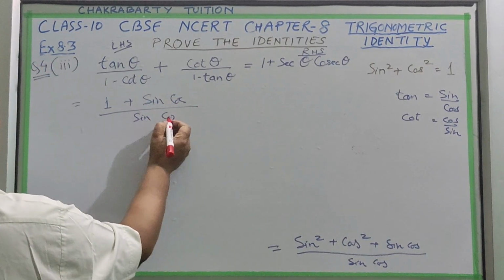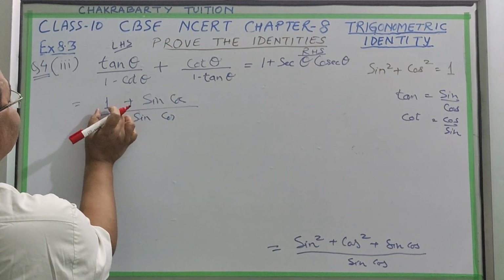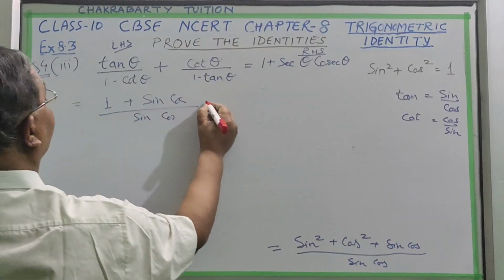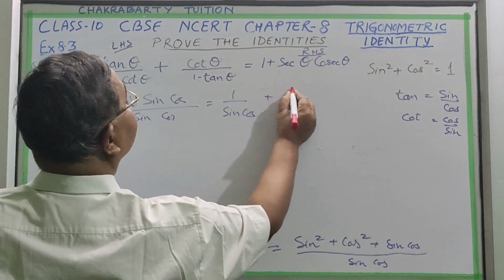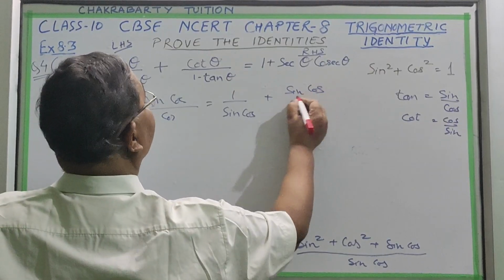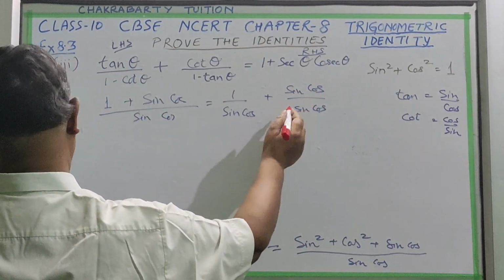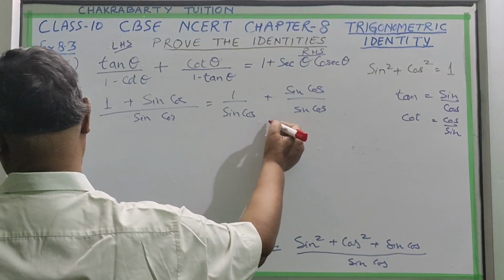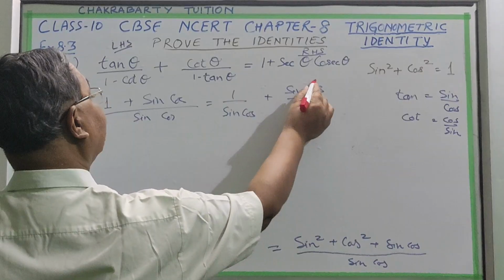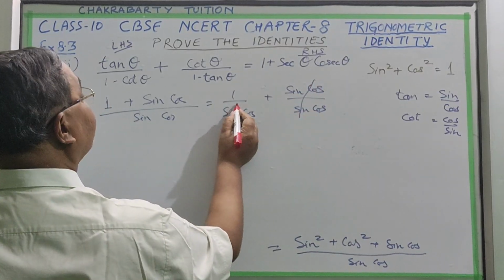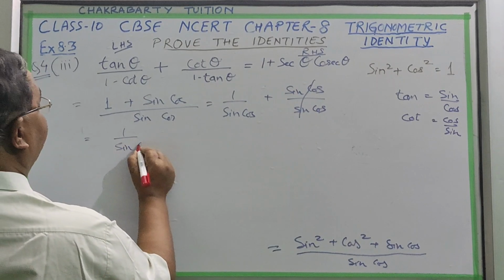But here we cannot cut it because multiply sign is not here. So this portion is below 1 also and below here also. It means 1 upon sine cos plus sine cos upon sine cos. So here now you can cut it. So what will remain? 1 upon sine cos will remain.